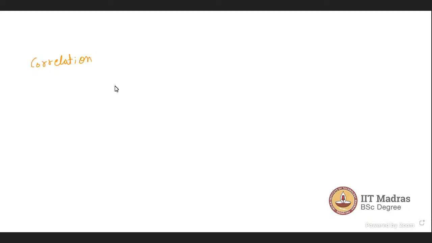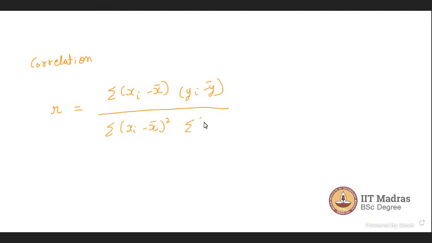So what does correlation do? Correlation is defined by small r. That's the under root of that thing. Let's see the unit first.